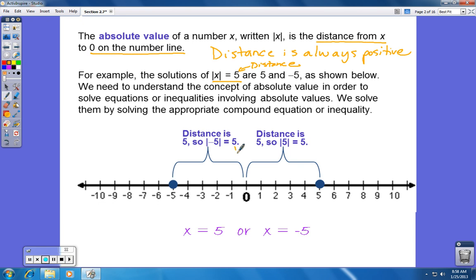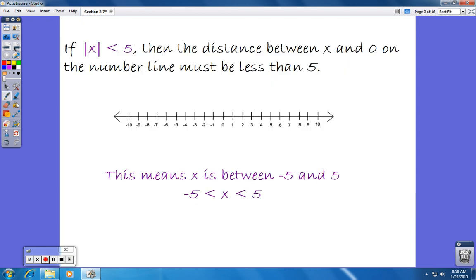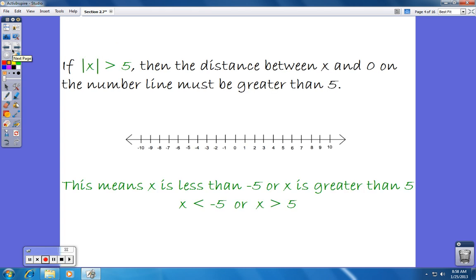You can refer to this as units. So we have two answers that satisfy this particular equation here at the top, because both 5 and -5 give us a distance of 5 units. We're going to use this to help us to solve our equations.